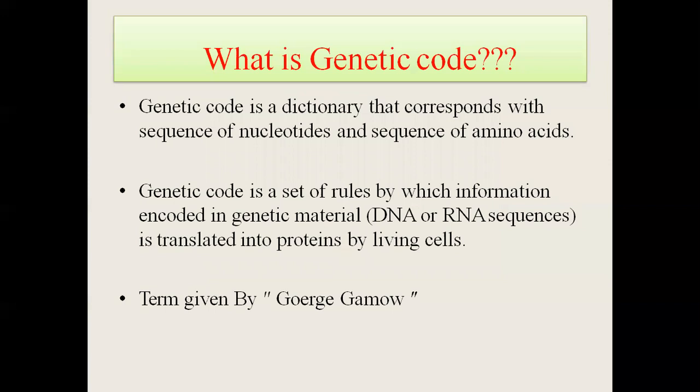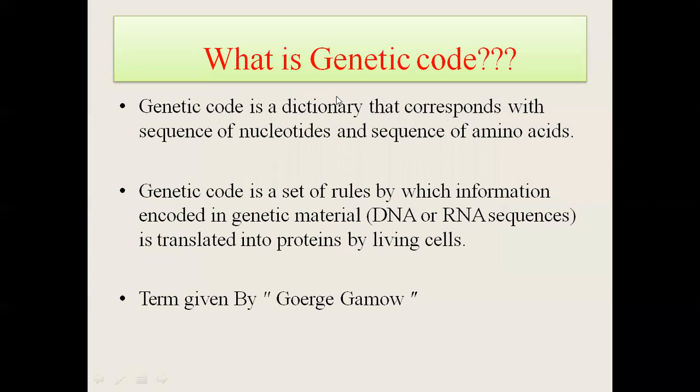First, what is a genetic code? Genetic code is a dictionary that corresponds the sequence of nucleotides to the sequence of amino acids. What does it mean? You can consider genetic code like a dictionary.